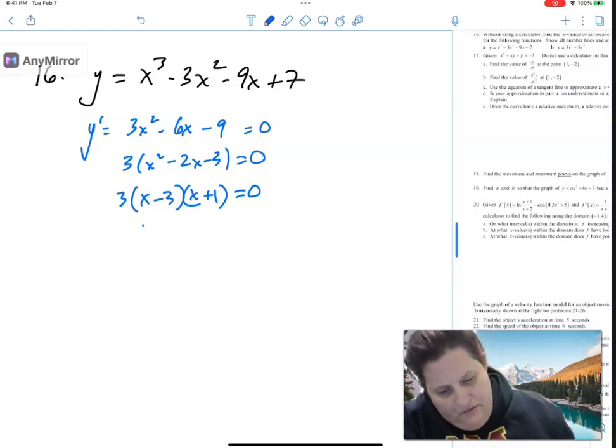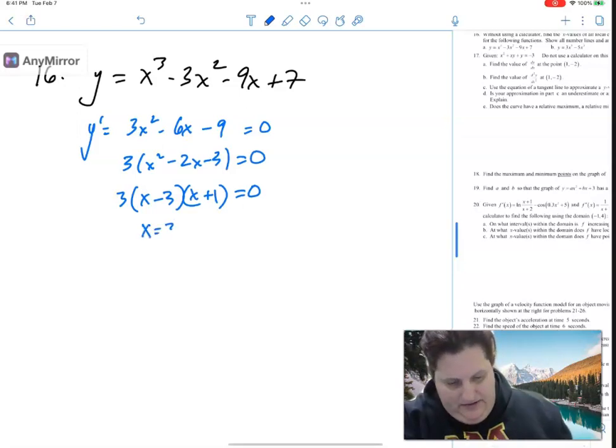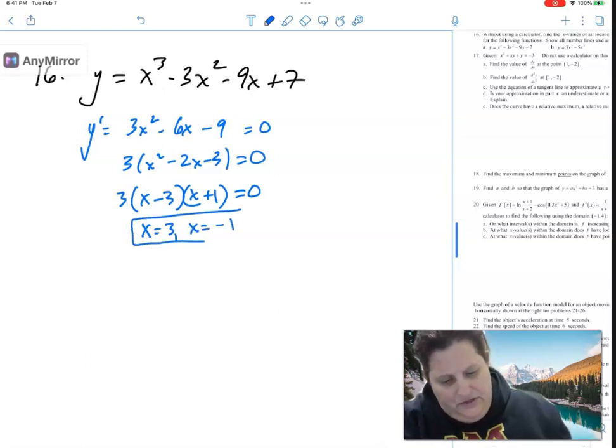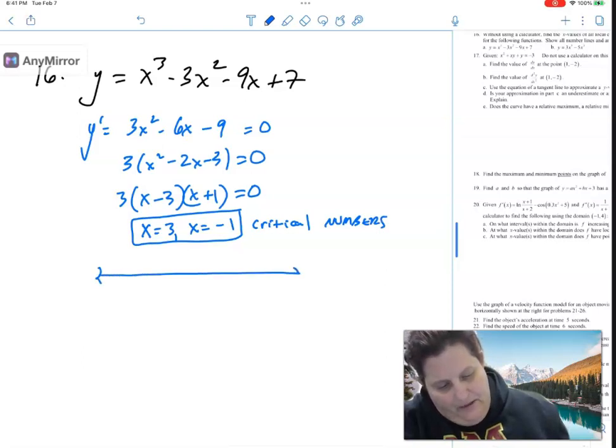So when I solve that, x is positive 3 and negative 1. Just so you guys know, these are called my critical numbers or critical points. I make a sign line graph for y prime.